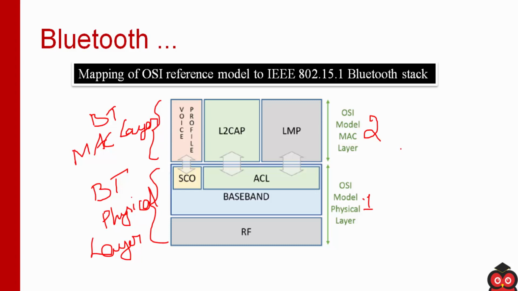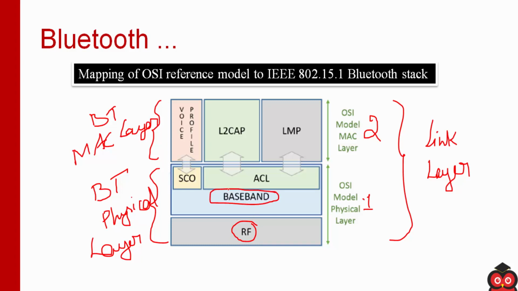Okay, so if you take the TCP/IP model, this entire thing is the bottom layer, which is called the link layer. If you see here, in the physical layer you can see radio frequency and the baseband layer, which contains SCO and ACL.